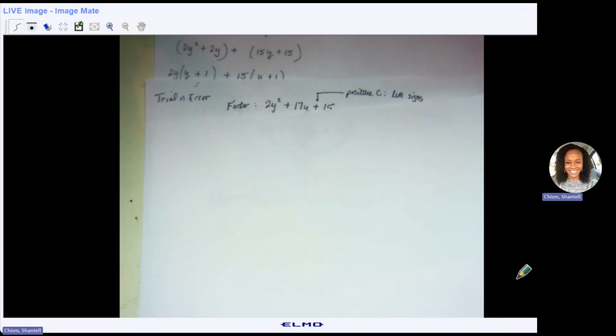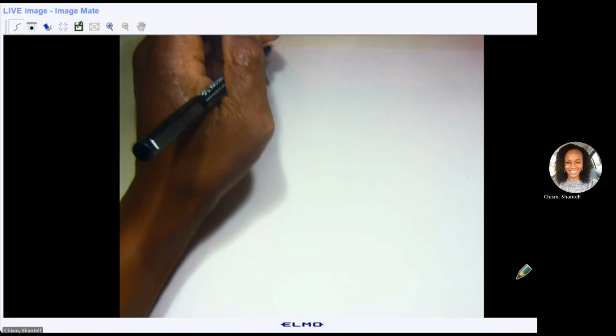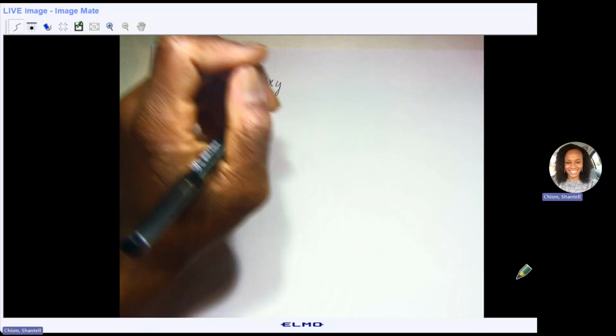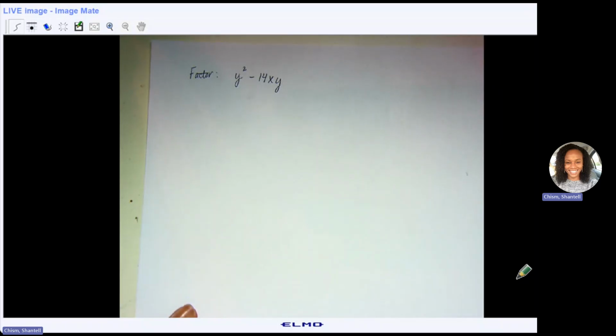And this time we're working with, so I'm going to pull this out the way here. This time we're working says factor, so still factor. And this time it's y squared minus 14yx, since the y is first there. Let me rewrite that. So let's say factor.